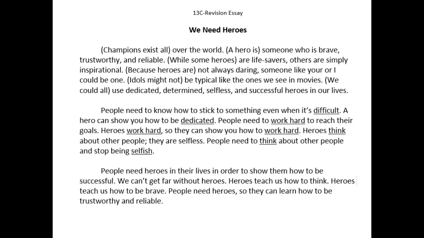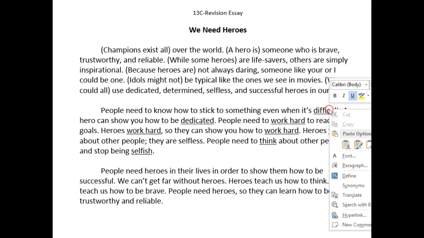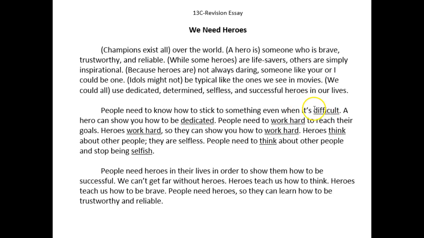So when I think about the word difficult, as I showed you before, I could utilize the synonym helper within Word if I have my tablet. So difficult: demanding, challenging, problematic. Let's see. Even when it's problematic, I like the word problematic, so I'm going to make that change here.